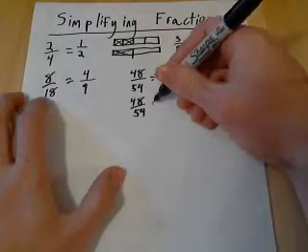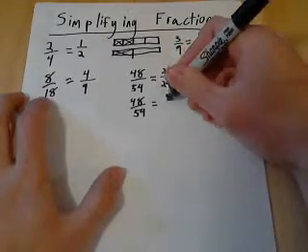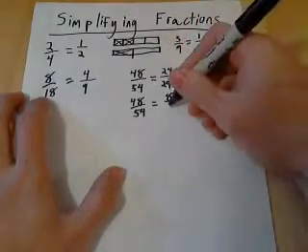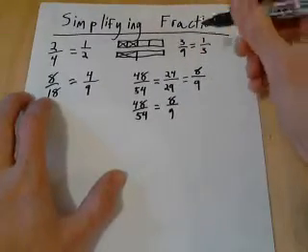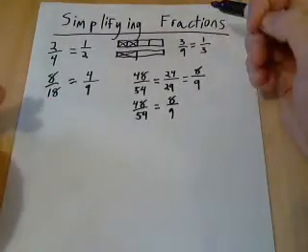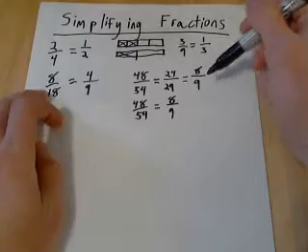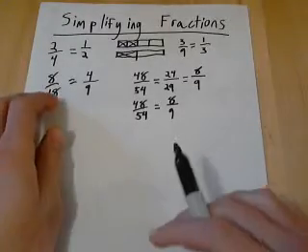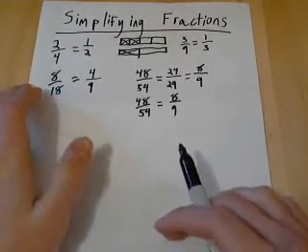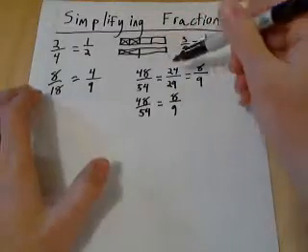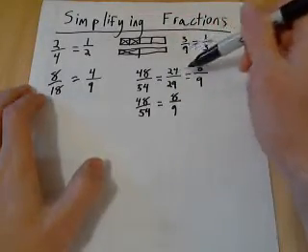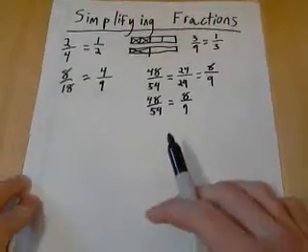So 48 divided by 6 is equal to 8. And 54 divided by 6 is equal to 9. So as you can see, that's definitely the faster way to do it. I mean, we eliminated one step, but if you're not that familiar with your multiplication tables, it's really not that big of a deal to do it the other way, as you can see.